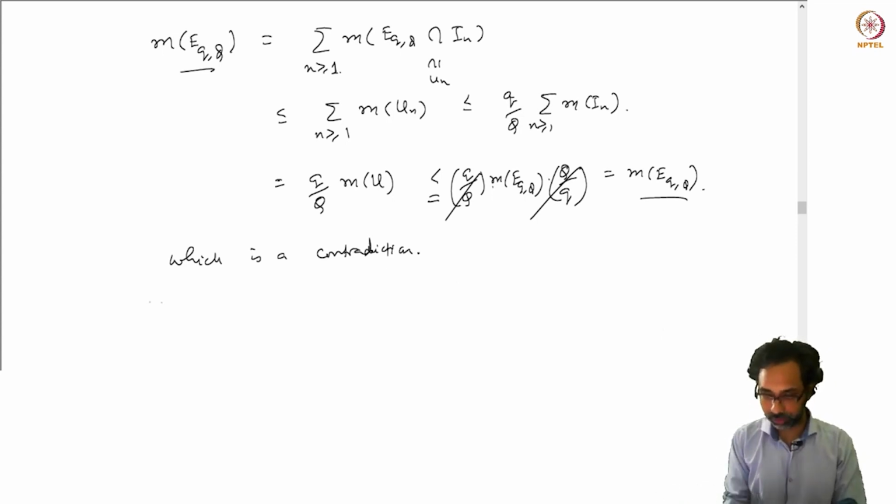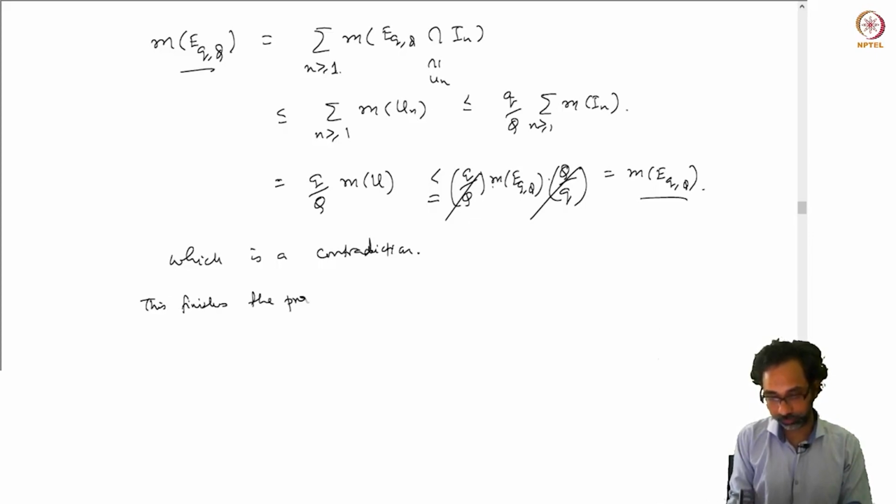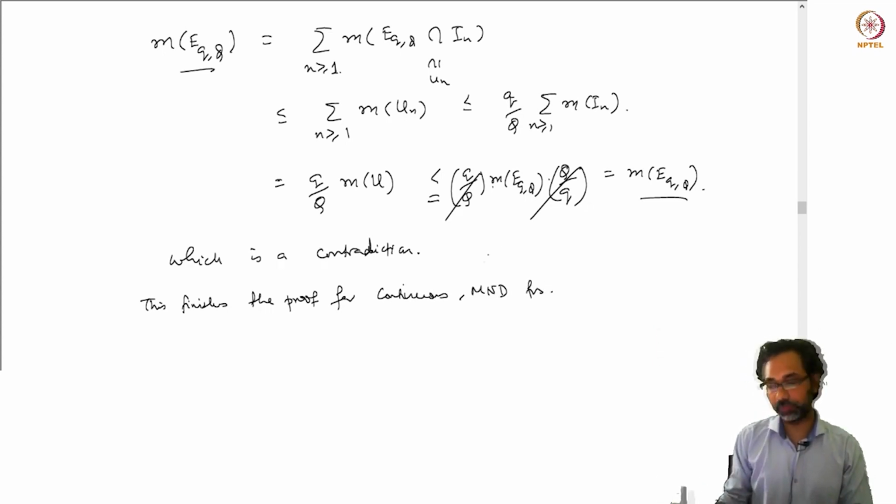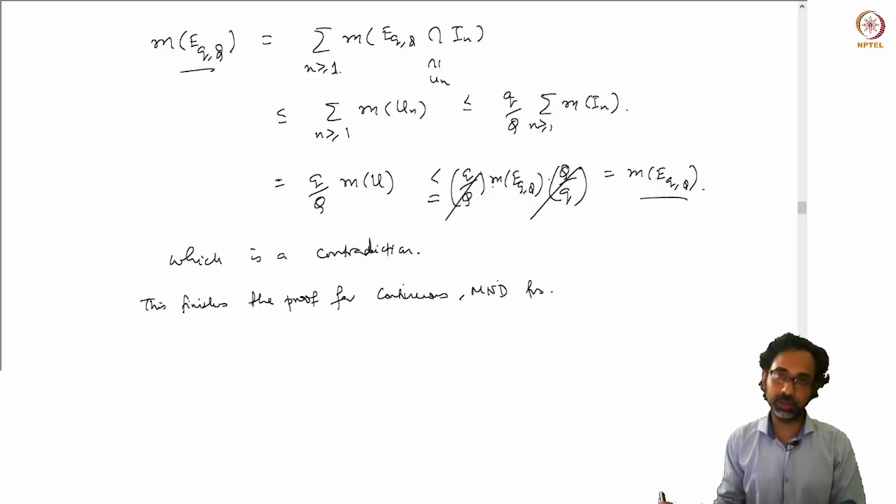So this finishes the proof for the differentiation theorem for continuous monotonically non-decreasing functions. It establishes the almost everywhere differentiability for such functions.